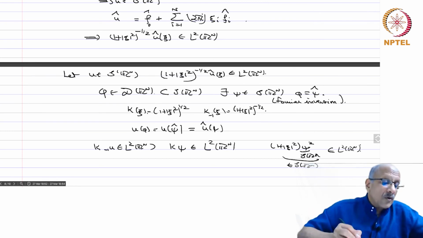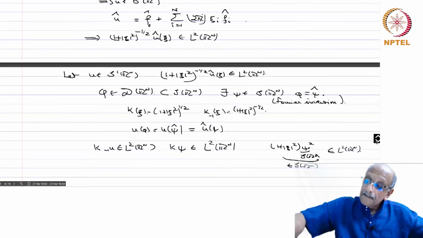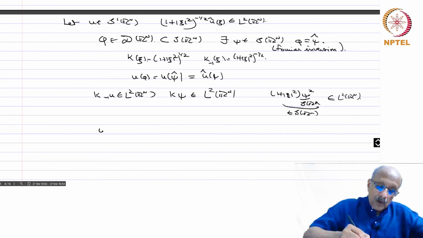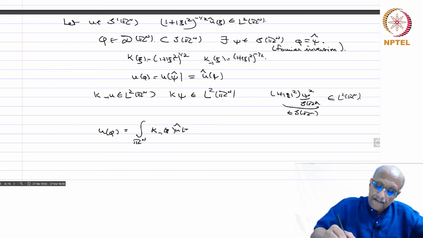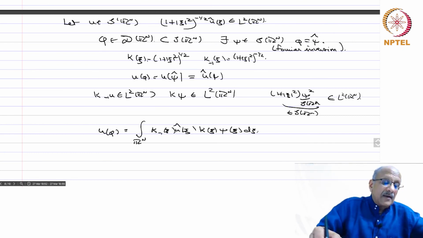Okay, so therefore you can write u(φ) equal to the integral over Rⁿ of k₋₁(ξ) û(ξ) k(ξ) ψ(ξ) dξ.